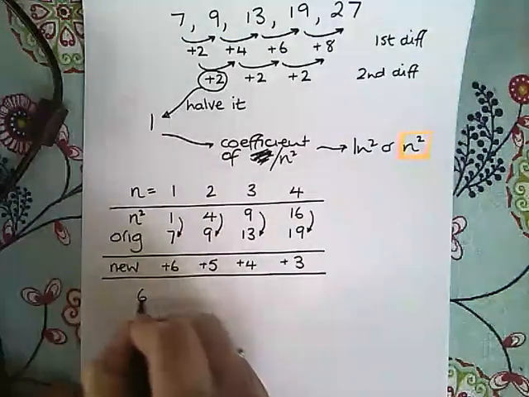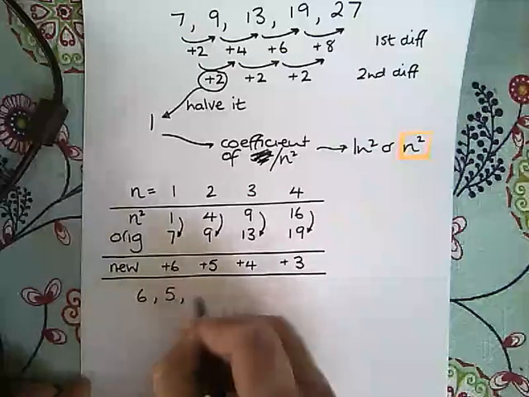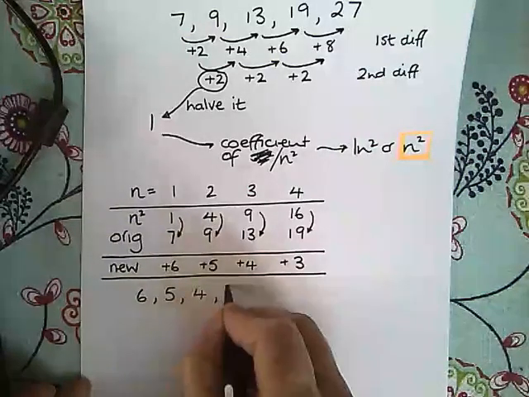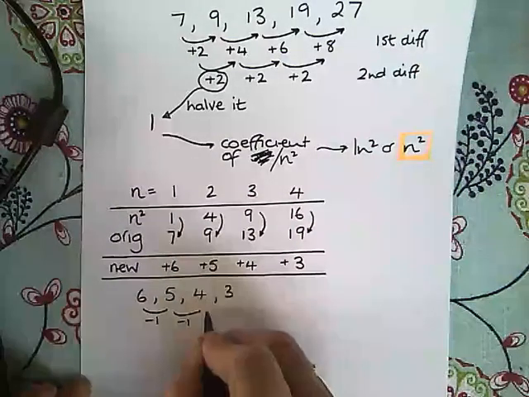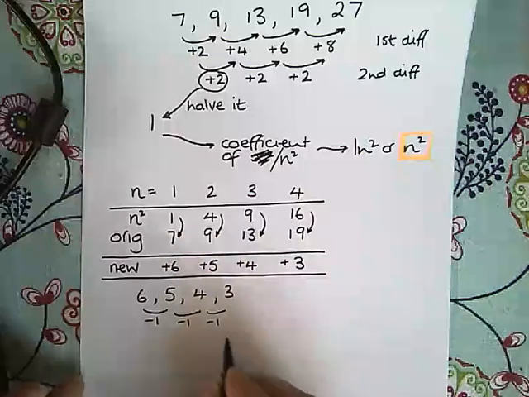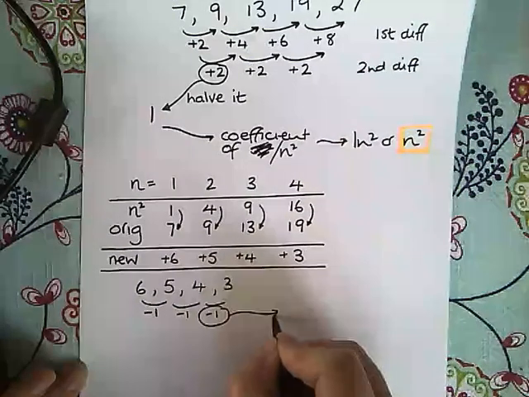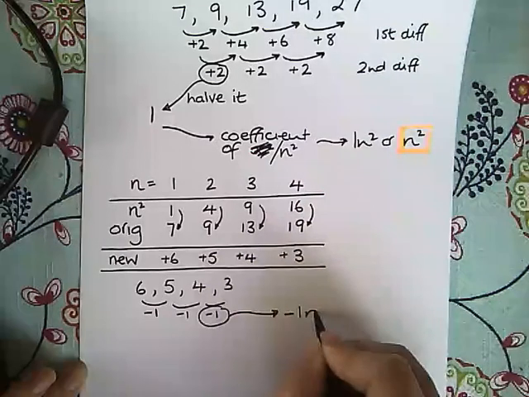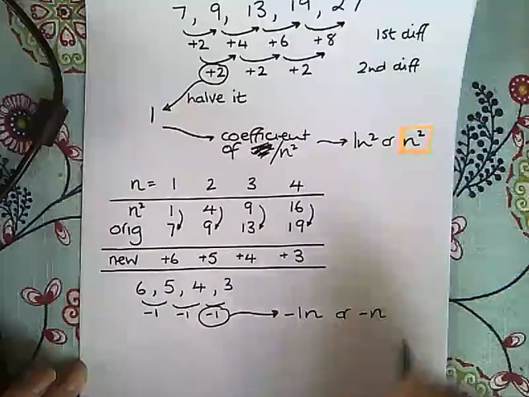So let's write it out like we would if we were working out the rule for a normal linear sequence. 6, 5, 4, 3. We look at the difference between each term, which is minus 1, minus 1, minus 1. That tells us minus 1n is in the formula, or you can just write minus n, that's totally fine.